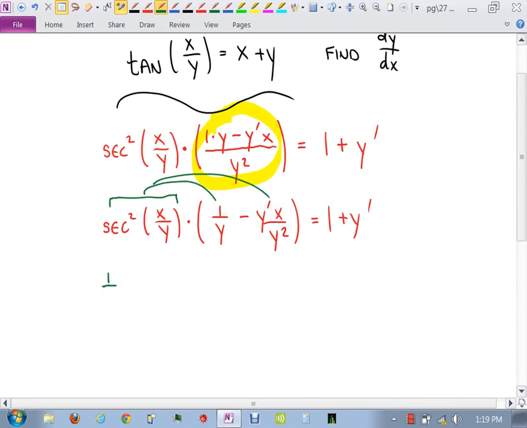So what I get here is 1 over y. I'm just going to stick that in front of that secant. You cannot put that 1 over y in there with that x over y. And then I have minus y prime x over y squared secant squared x over y equals 1 plus y prime.